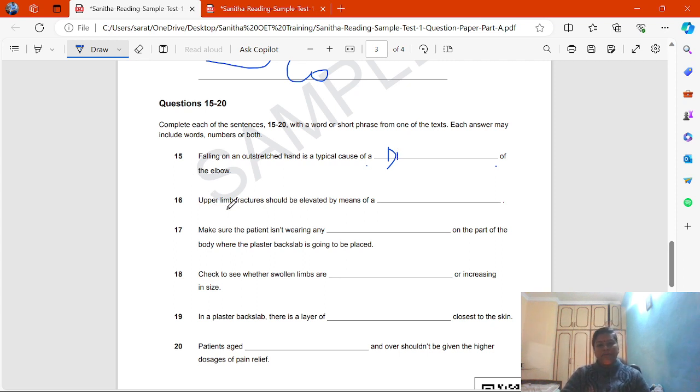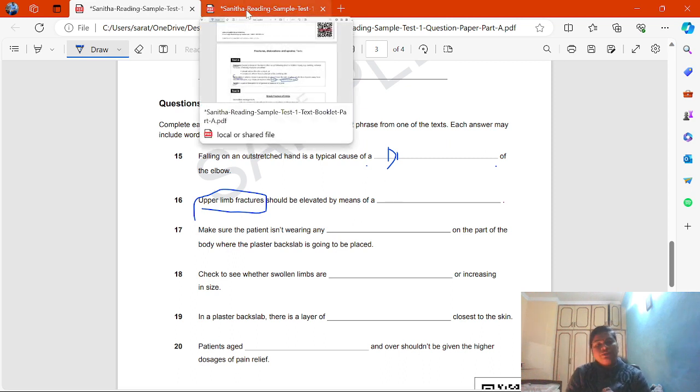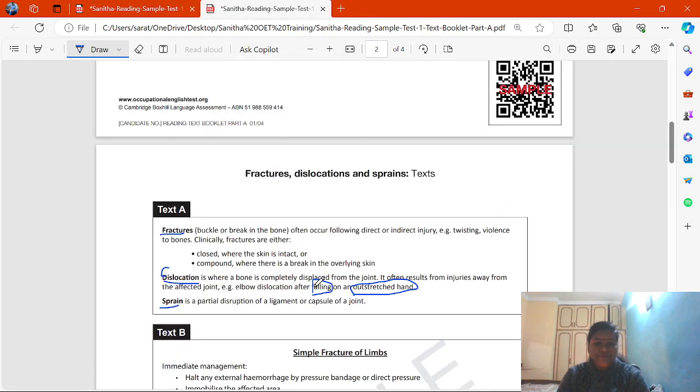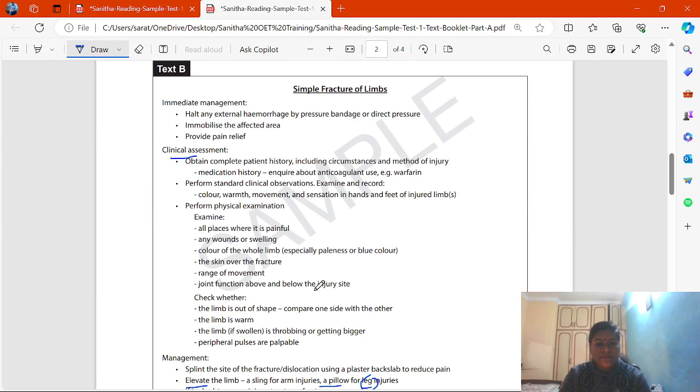16. Upper limb fractures. What is the upper limb? Upper limb is our hands. Upper limb fractures should be elevated by means of a dash. You have to go to management.